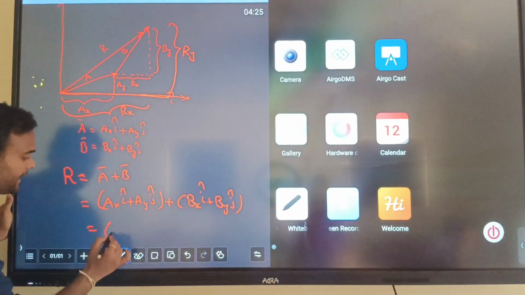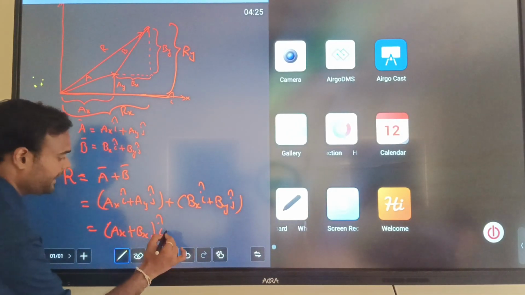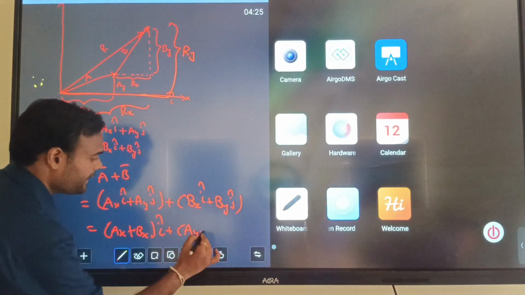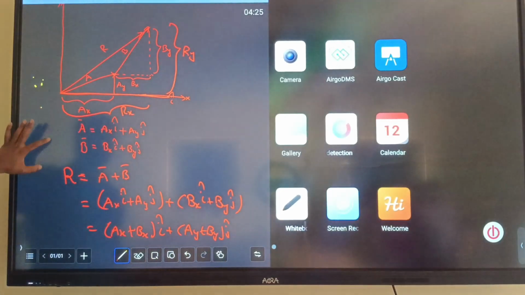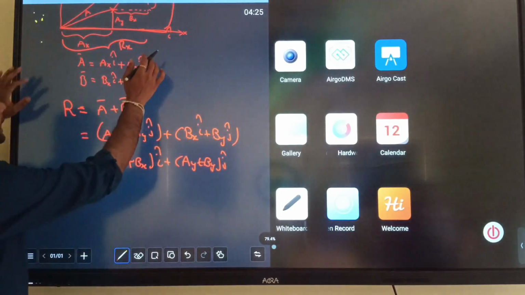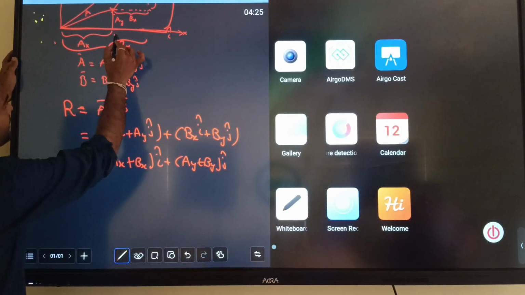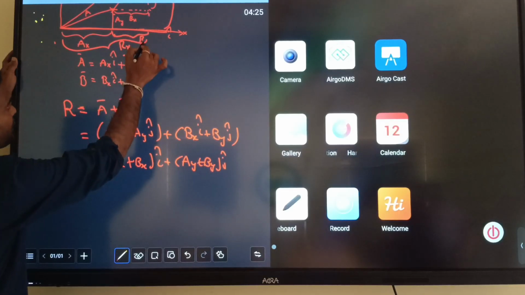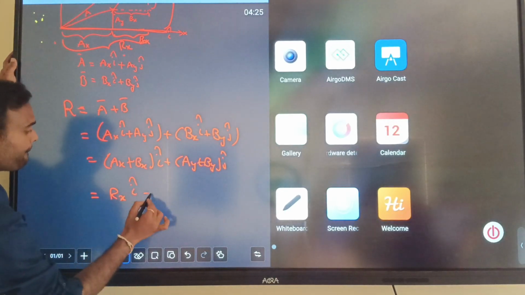That means (Ax + Bx) i + (Ay + By) j. Now according to the diagram, Rx is equal to Ax + Bx. So can I say this is equal to Rx i?